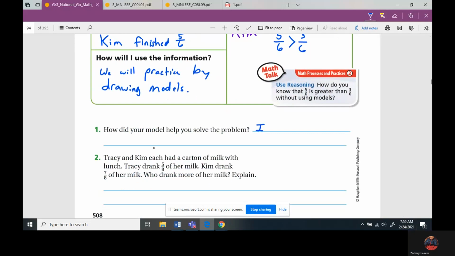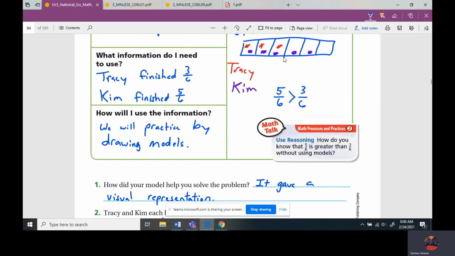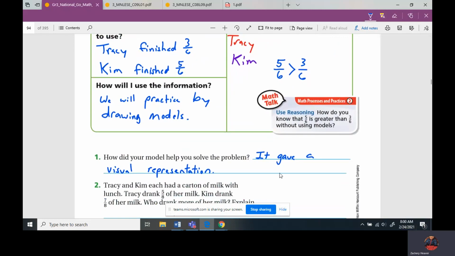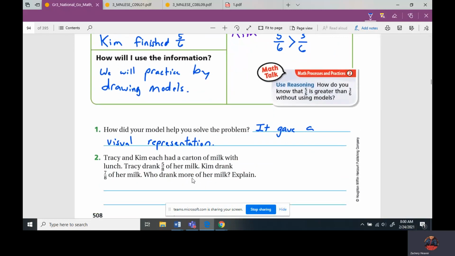It gave a visual representation, we could actually see it. And representation means a model. It presented that we know that Kim did go farther. So it gave a visual representation.